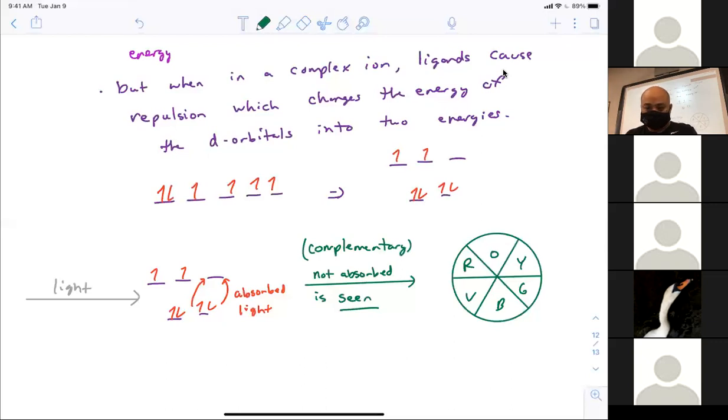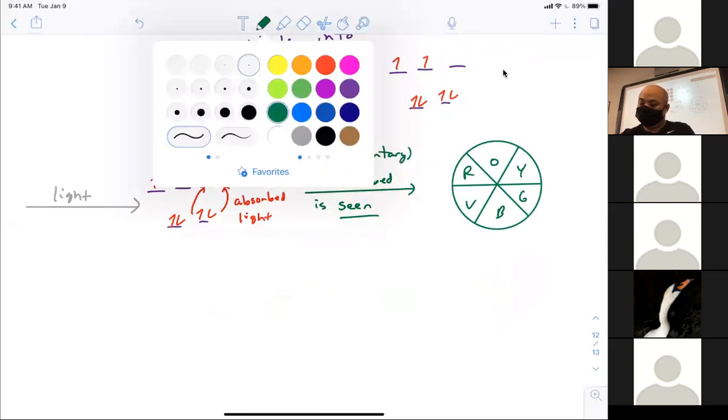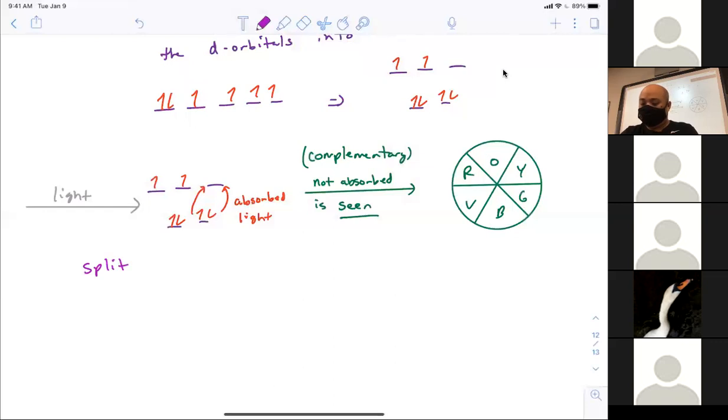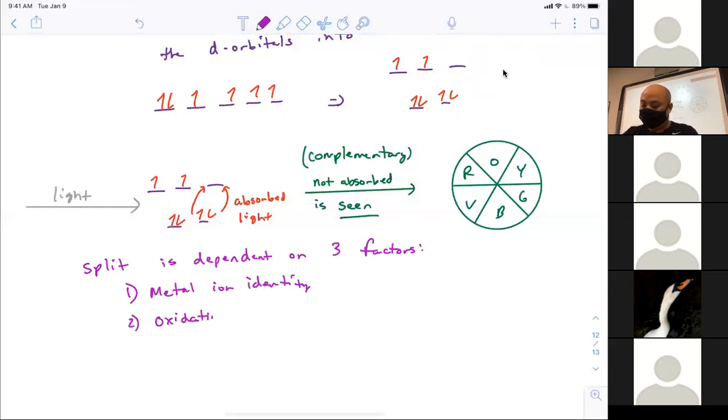Questions so far? The split is dependent on 3 factors. 1, the metal ion identity, so like copper versus iron, they'll have different possible colors. 2, the oxidation number of the metal ion, so a +2 versus +3 can cause differences as well.